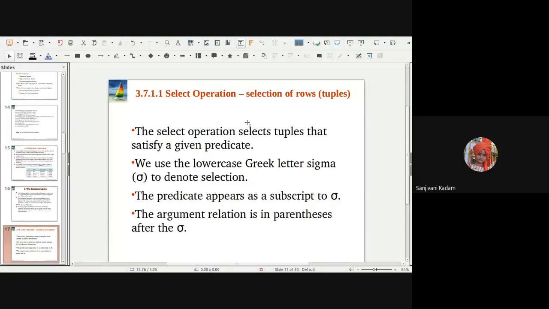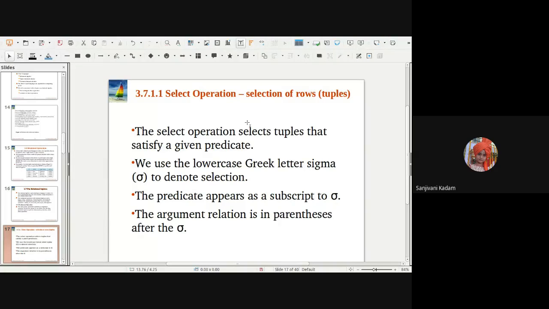A complete relation will be given as input, and those tuples or those records which are satisfying the condition given to the select clause, which is represented by a sigma symbol, only those tuples will be given for the output and the remaining will be filtered out. So here we are passing the predicate or condition as a subscript to the sigma symbol, and after that we are giving the relation name as input.